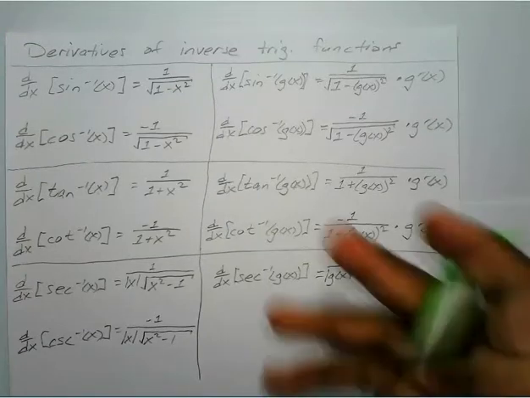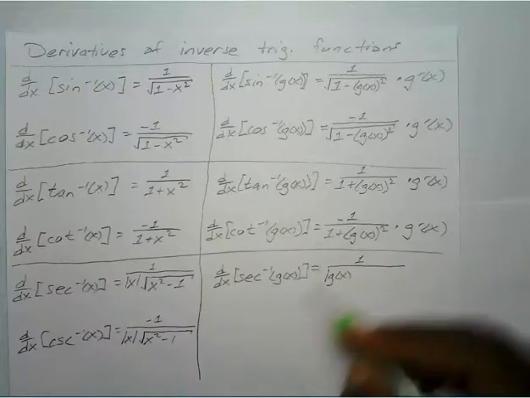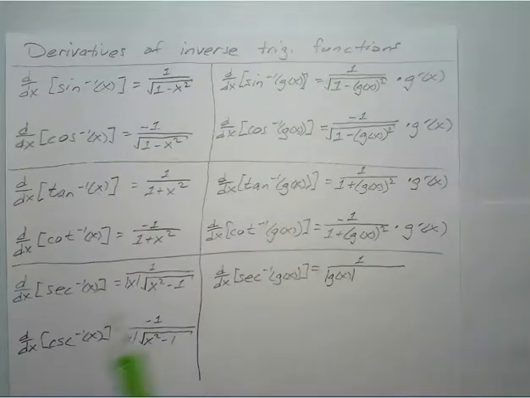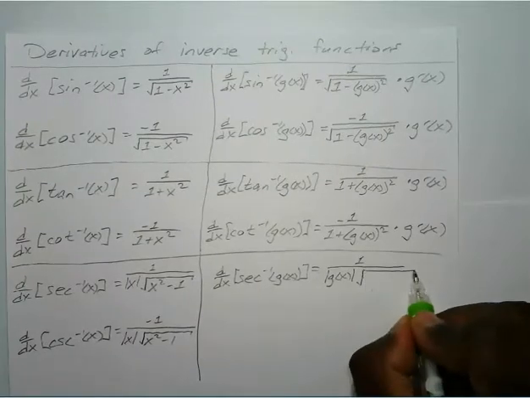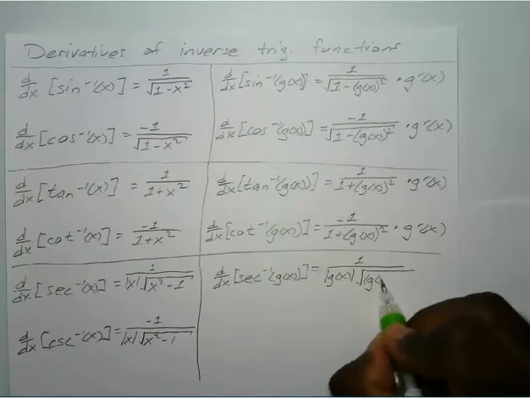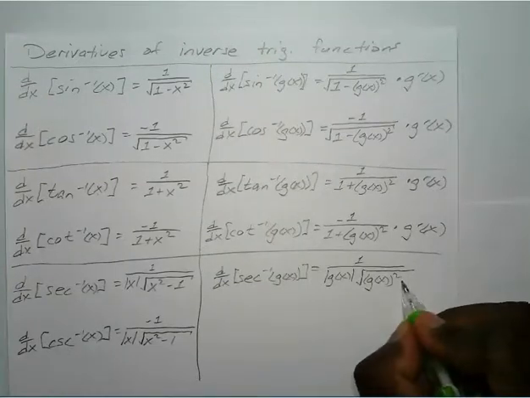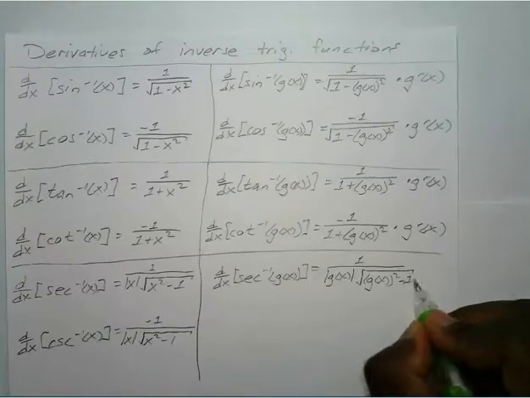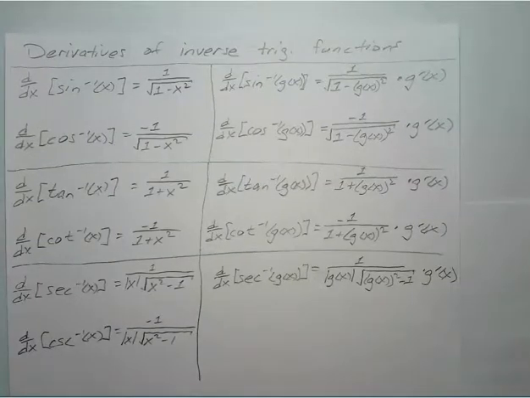Let me move my equal sign over a little bit. Okay, so the absolute value of that function of x times the square root of that function of x squared minus 1 times the derivative of that function of x.